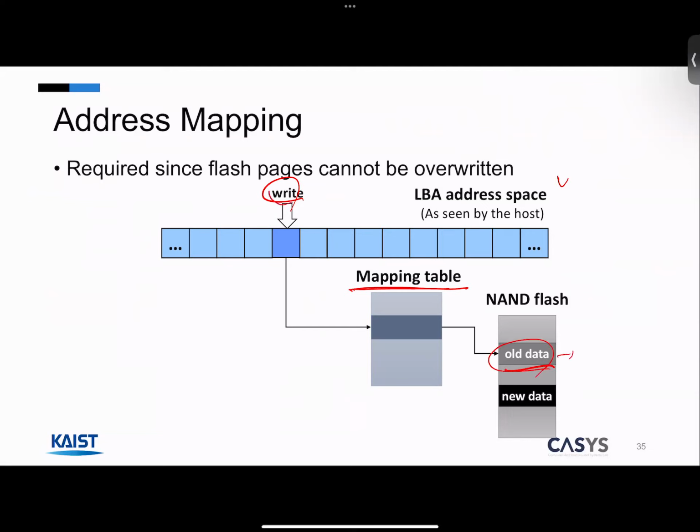Instead, the new write goes to a new location. For example, this is page 1 and this is page 10. Internally, the FTL assigns new pages for storing the new data, changes the mapping, and makes the old data invalid, so that the write operation goes to the new pages. So this is how the SSD handles in-place update operations using the mapping table in the FTL.